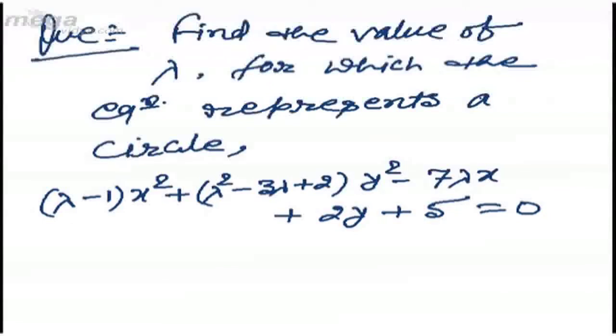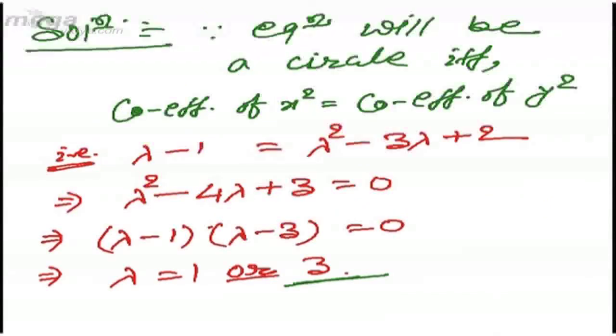Here 2x square, 2y square, that means the coefficient of x square and the coefficient of y square are both the same, and this equation is a general second degree equation. Hence lambda equal to 3 satisfies, but lambda equal to 1 does not satisfy the given equation. So the final answer will be lambda equal to 3.